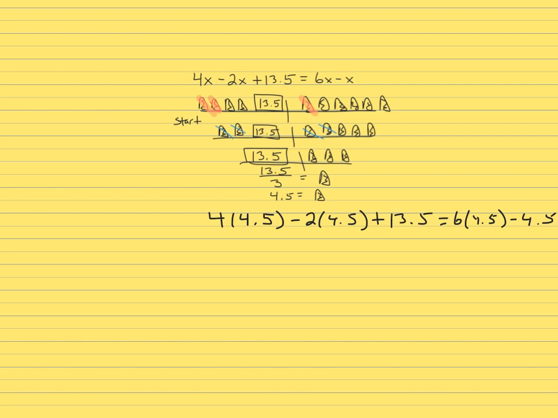So 4.5 times 4 gives me 18. 4.5 times 2, because I'm following order of operations, is 9, plus 13.5 is equal to 6 times 4.5 is 27, minus 4.5.